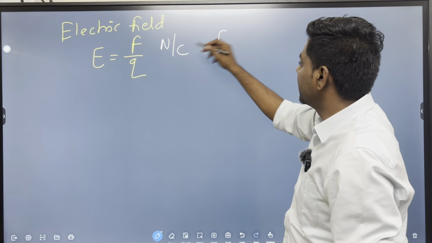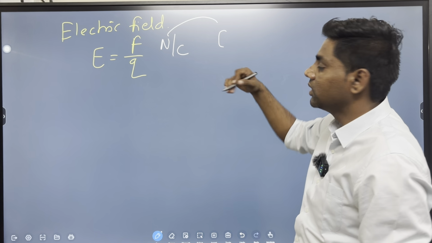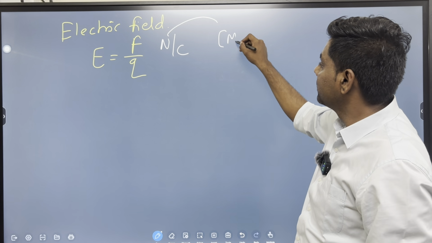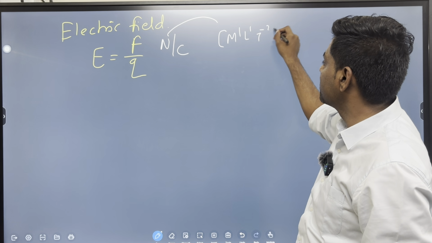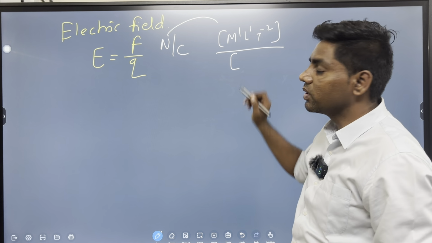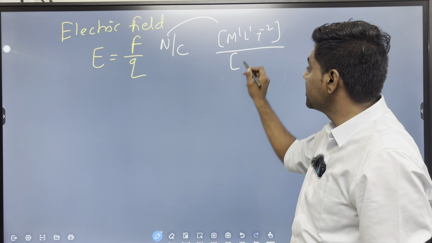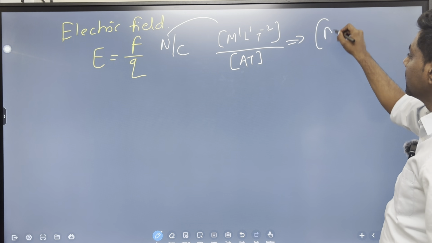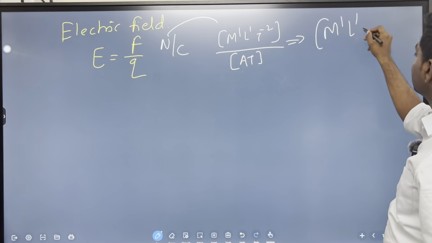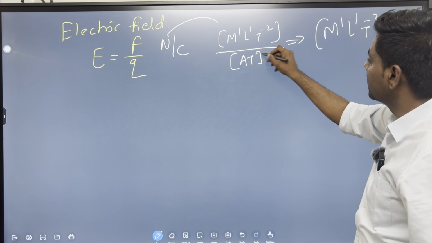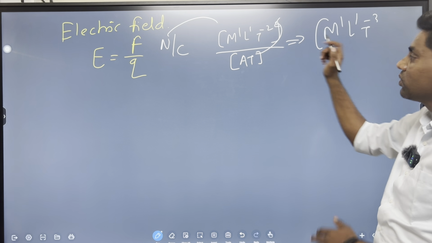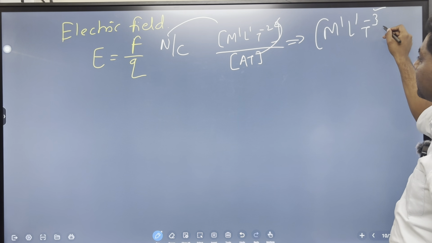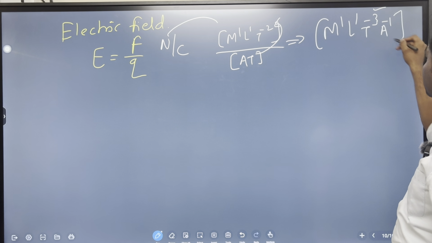So we already know the dimension of force, that is M1 L1 T minus 2, and the dimension of coulombs, that is charge, IT, which we can write as AT. So it becomes M1 L1 T minus 3. So minus 1 goes to numerator, minus 1 and minus 2 becomes minus 3, and A raised to minus 1.